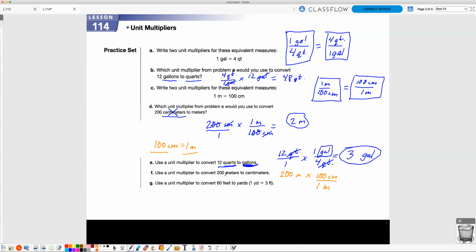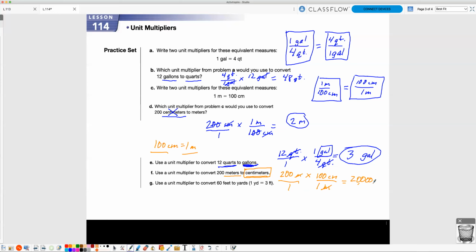Why? Because I'm going from meters to centimeters. Centimeters is my final label that I wish to have, and if I put that switched around, I won't have centimeters as my final label, but I will in this case. So now I have 200 times 100 divided by 1. I notice the meters cancels this meters out, and I'm left with 200 times 100, which ends up being 2,000, or is it 20,000?